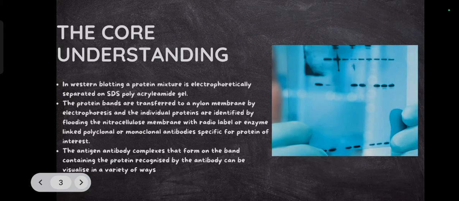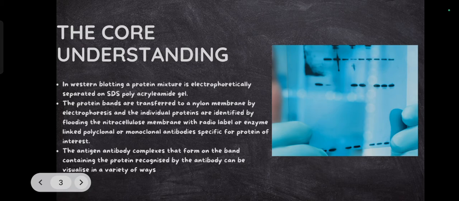In Western blotting, a protein mixture is electrophoretically separated on SDS polyacrylamide gel. The protein bands are transferred to a nitrocellulose membrane post electrophoresis, and the individual proteins are identified by flooding the nitrocellulose membrane with radio-labeled or enzyme-linked polyclonal or monoclonal antibodies specific to the protein of interest.